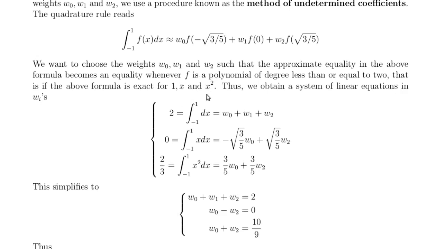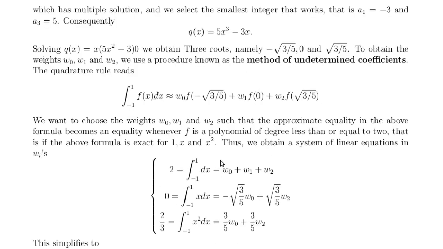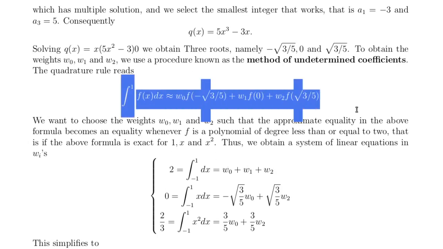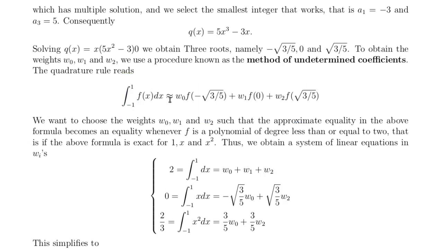For the last case, f of x is x squared. So you substitute here. If you say that this rule is exact for this polynomial, it means that in this rule, which is approximate here, exact means that I will write equal here. This approximation sign will be equal for f of x equal to 1, x, x squared.